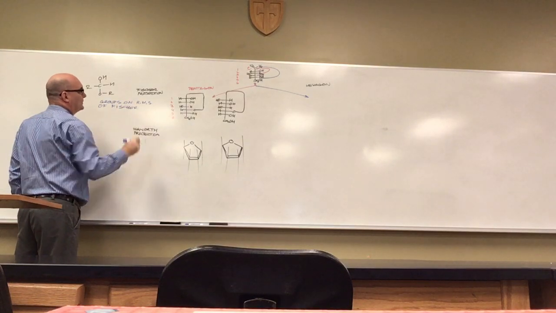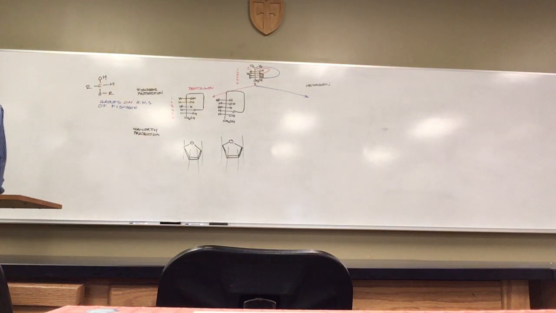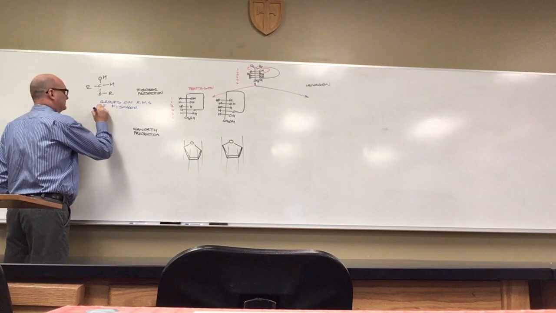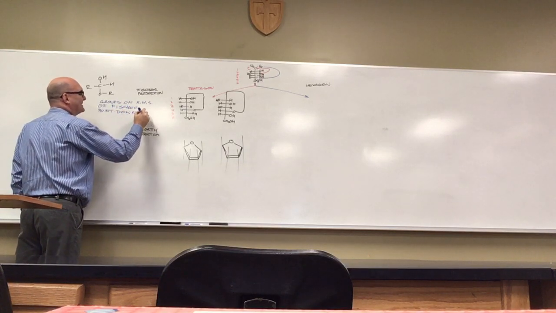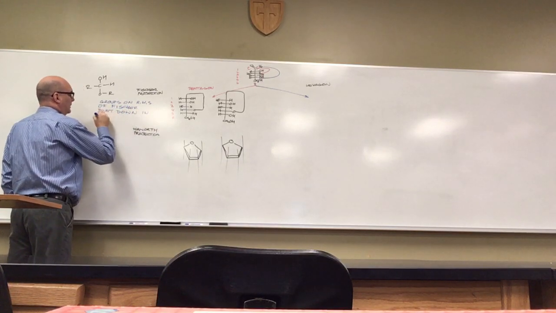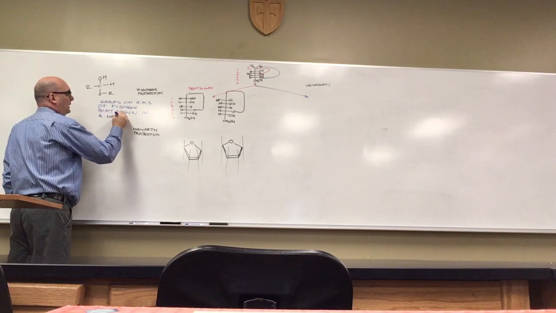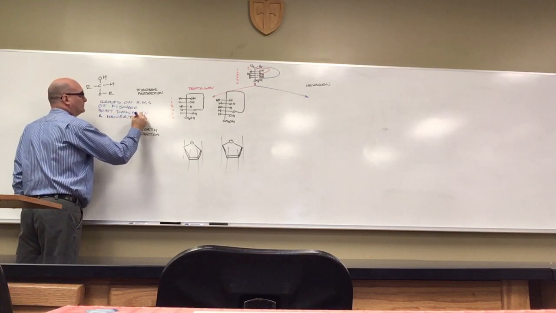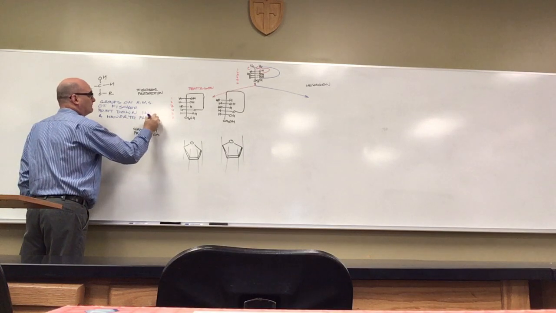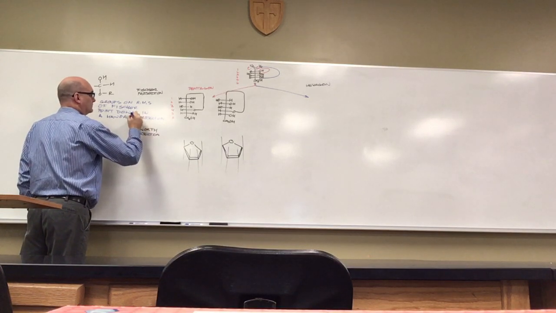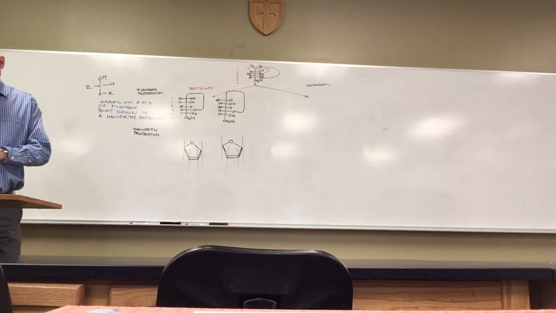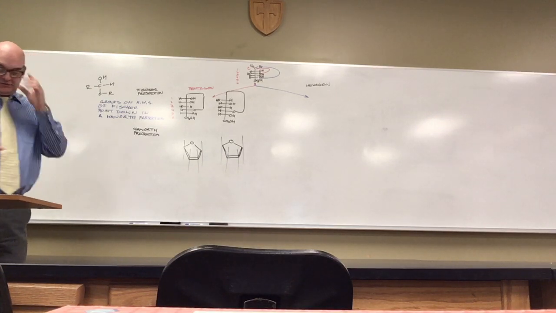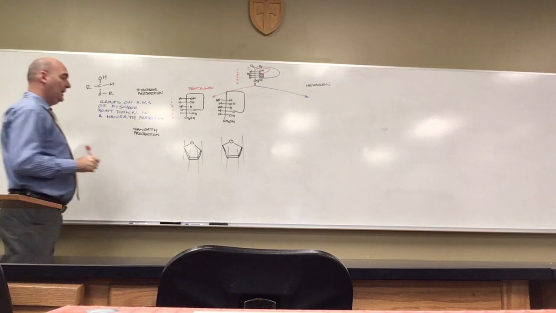If your group is on the right-hand side of a Fischer projection, they point down in a Haworth projection. Okay. And we're going to go around this ring and label everything.